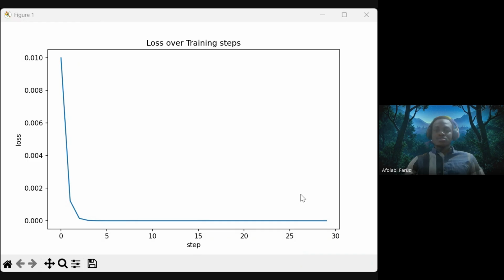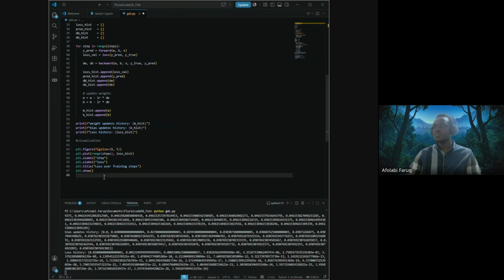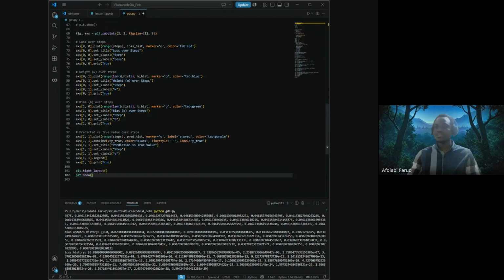Now we're going to do some other visualization. I'm trying to plot all of these things on a single grid, which I think will make more sense. So let me just plot all of this on a single grid, I'll plot all of the graphs on a single grid, so it's going to be much easier for us to see.